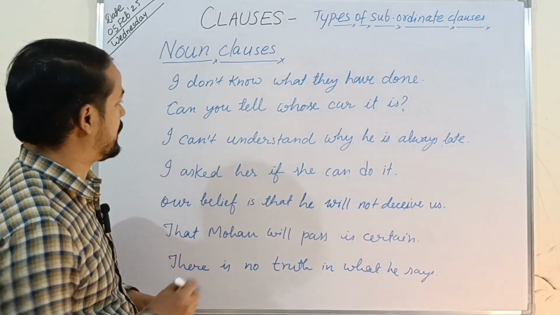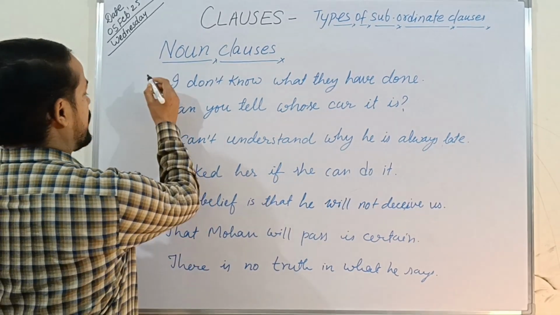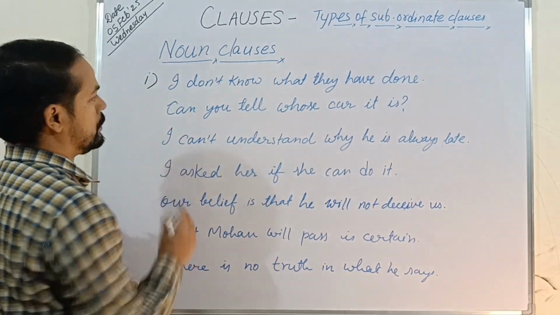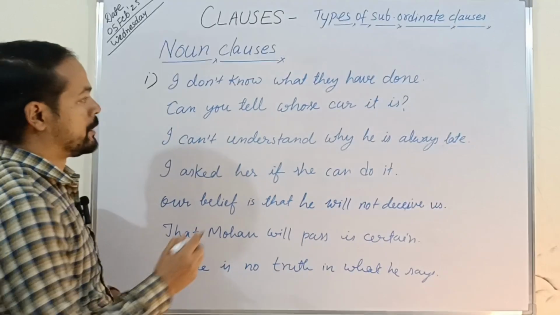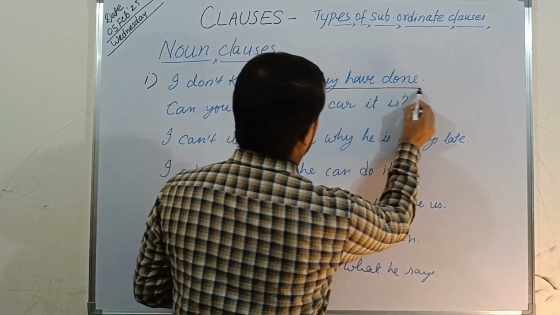Let me read it out. The first sentence: I don't know what they have done. Here I underline "what they have done."